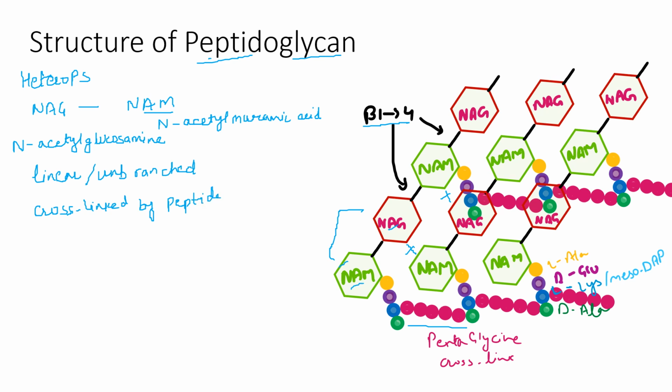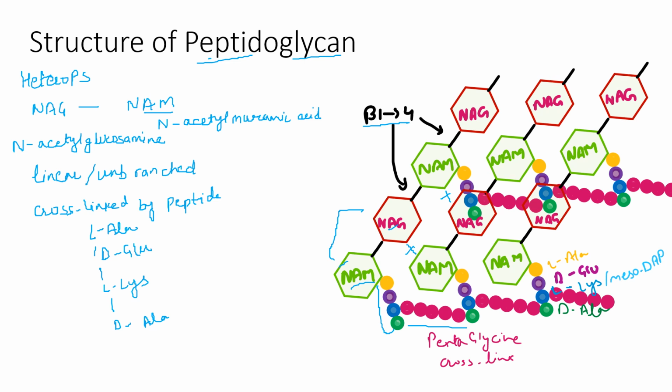To the NAM, four amino acids are attached. So a tetrapeptide is attached, and the sequence of this tetrapeptide is L-alanine, D-glutamic acid, L-lysine, and D-alanine.